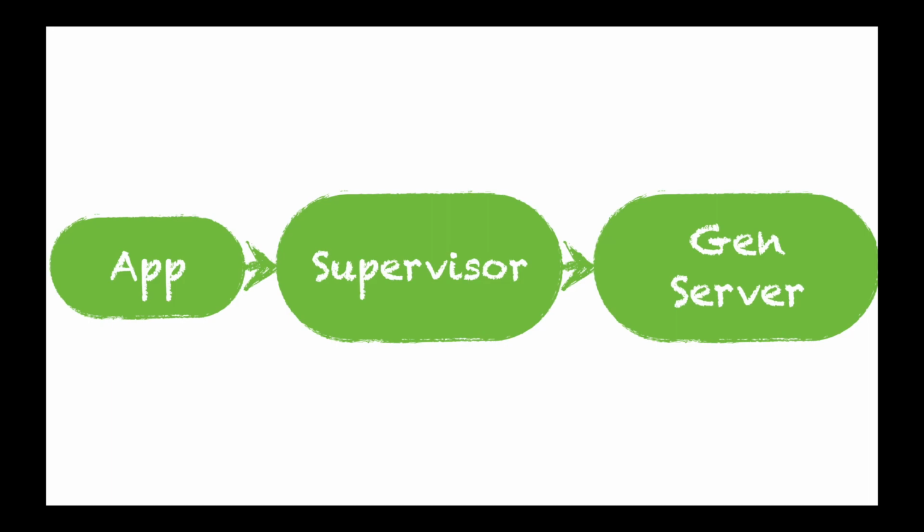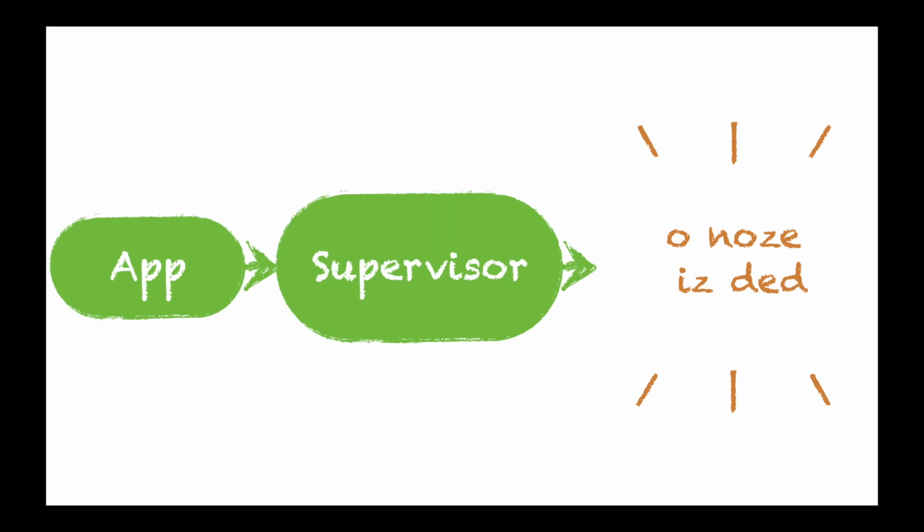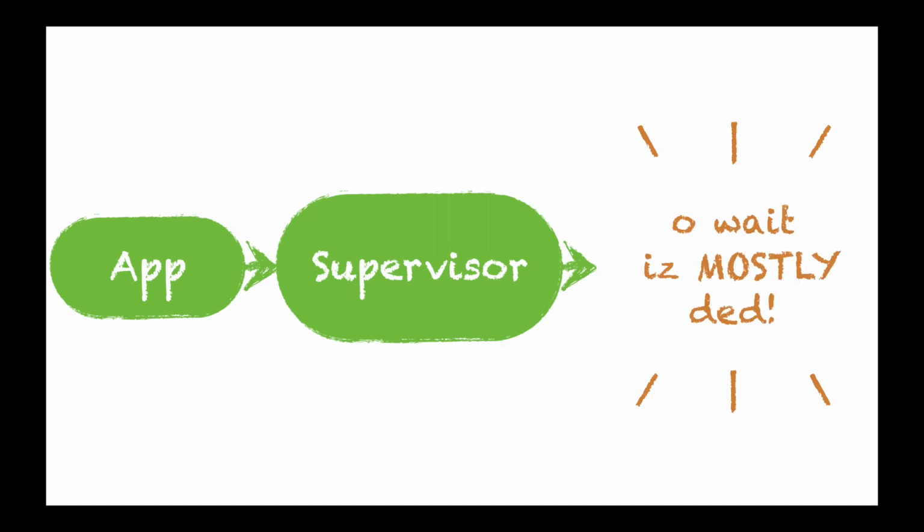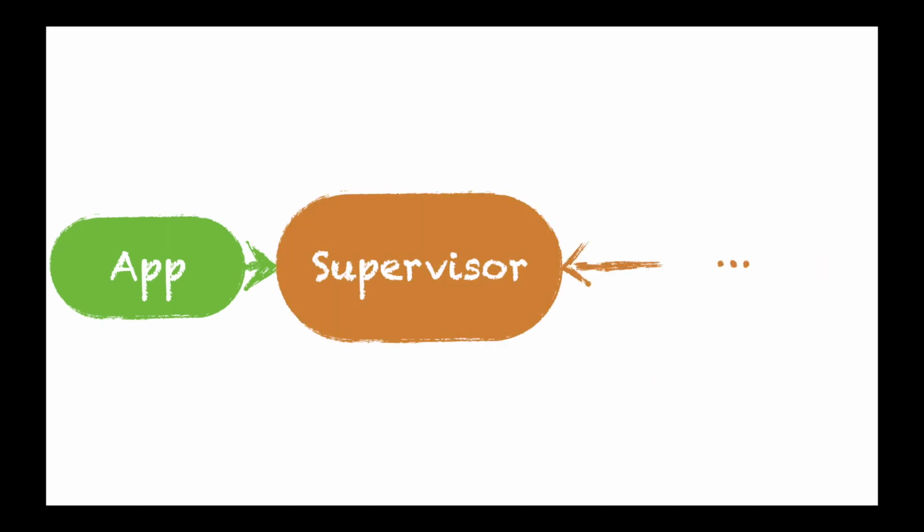So the application is responsible for starting the supervisor, and the supervisor is responsible for starting the gen server. And the gen server, remember, is generic. It can be used to implement a game or a web session or an embedded app. It has a common API that we can use to do whatever we want. Since we have this level of indirection, if the server dies, it isn't really dead. It's mostly dead, right?